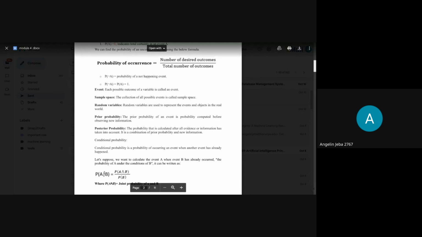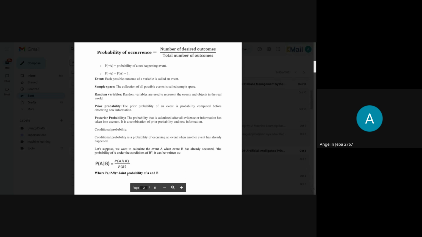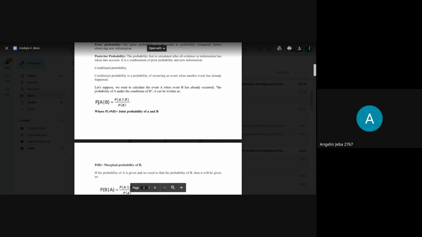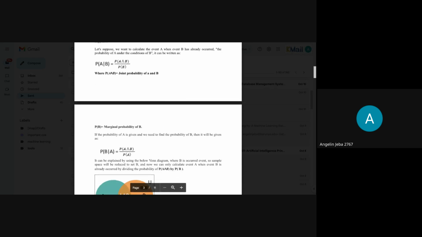That is P of A given B, the probability of A under the condition of B, and it can be written using the joint probability: P of A given B is equal to the probability of A intersection B divided by the probability of B.